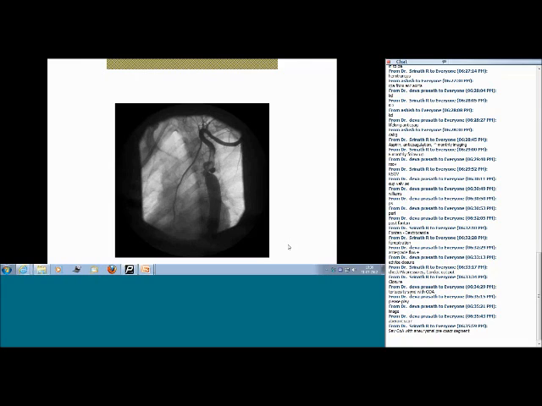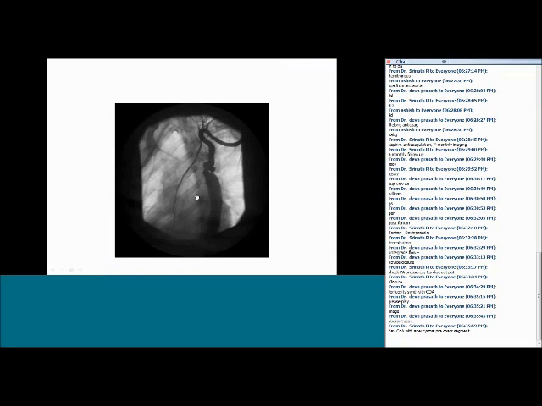Yeah, so what is the answer? Severe coarctation, aneurysmal segment. Yes, so what is the aberrant subclavian? No, that is not right. There is no aberrant subclavian.